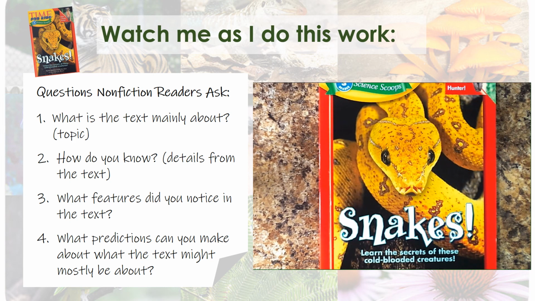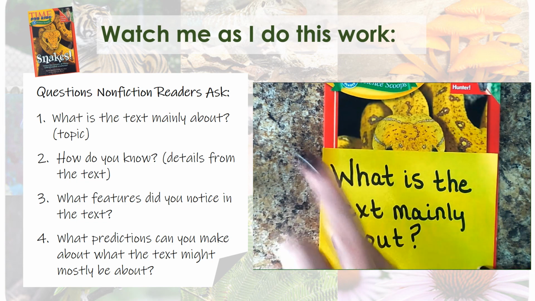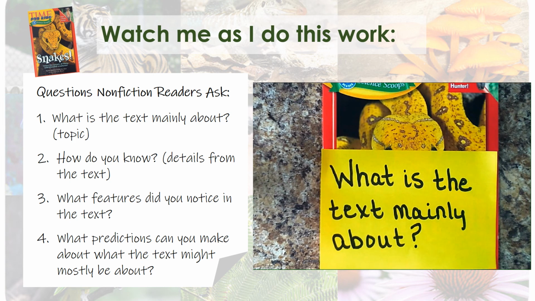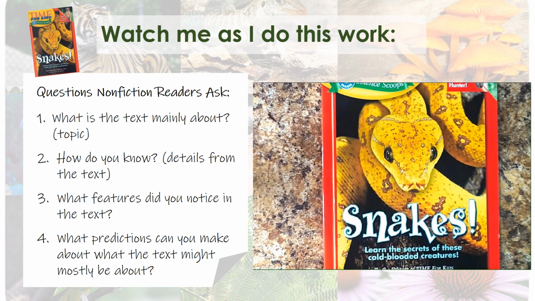The first question I'm going to ask as a reader is, what is the text mainly about? The way that I'm going to figure that out is I'm just going to walk through the text and look at the images, text features, and things like that. So let me do that work.